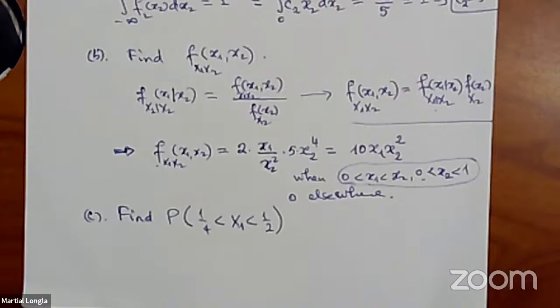Use the joint distribution. How do we use it? At what point there did you use 1/4 and 1/2?